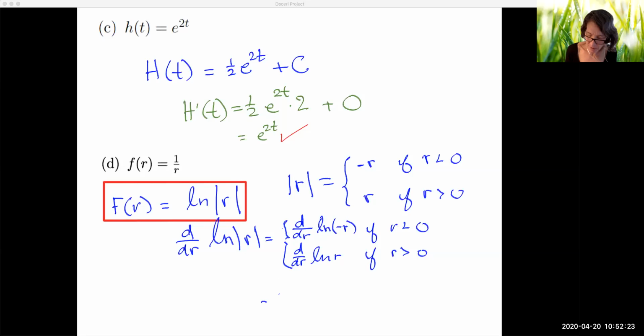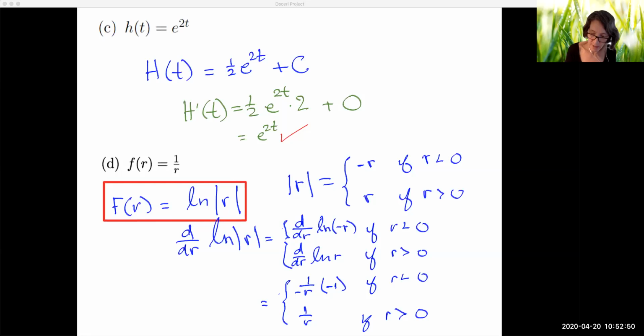So now I'm going to differentiate this piecewise derivative. The derivative of the natural log of negative R is 1 over negative R times the derivative of negative R, which is negative 1. That's if R is negative. And the other one, the derivative of the natural log of R is just 1 over R if R is positive.